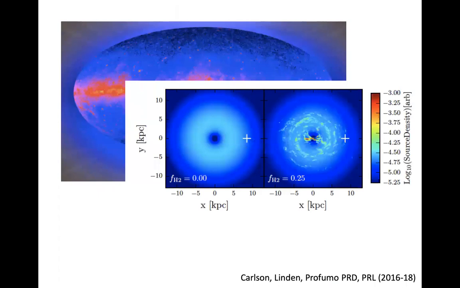Let me just draw your attention to work that I carried out with my then graduate students, Eric Carlson and Tim Linden, who's now a professor at Stockholm University. So what we did was to say, well, maybe it's not a good idea to place cosmic ray sources in a donut, which is what pretty much every galactic diffuse gamma ray background model does.